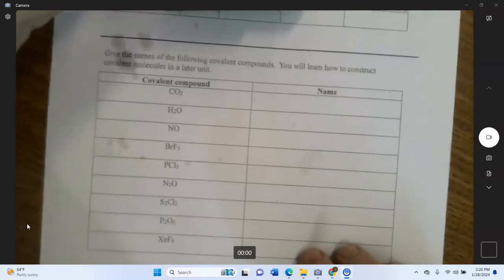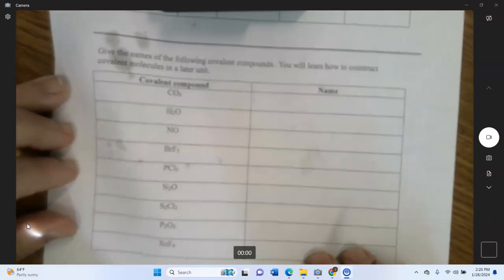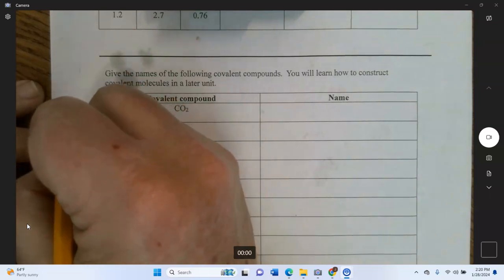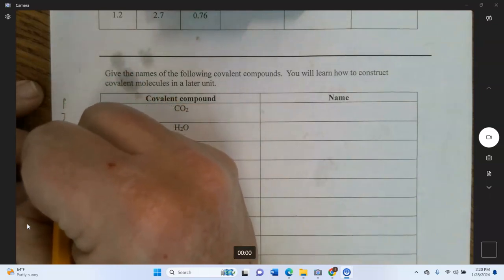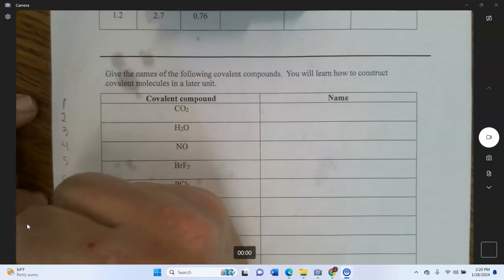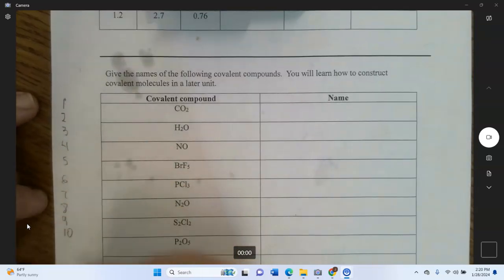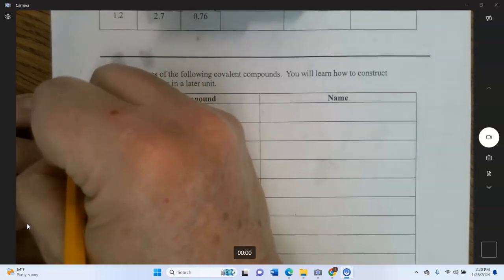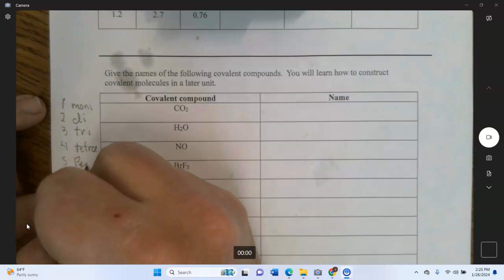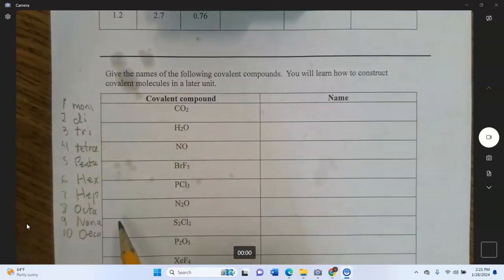All right, now we're moving down to some review. So the thing to remember, these are covalent compounds. They are the ones that use numbers 1, 2, 3, 4. Okay, and this is mono, di. These are the prefixes.